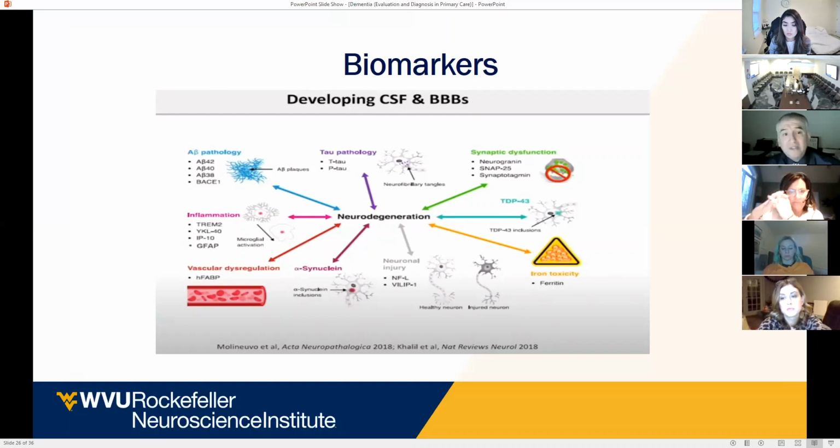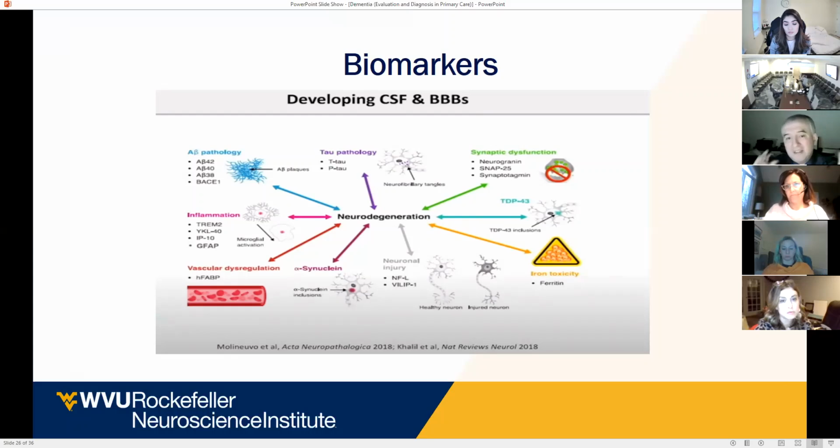For Alzheimer's disease, we have amyloid beta 42, amyloid beta 40, amyloid beta 38. For tau pathology, also Alzheimer's disease, we talk about the total tau and the phosphorylated tau. TDP can be used for frontotemporal, and synuclein can be used for Lewy body.